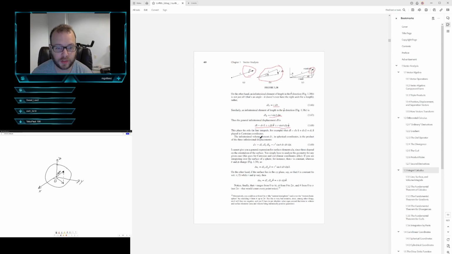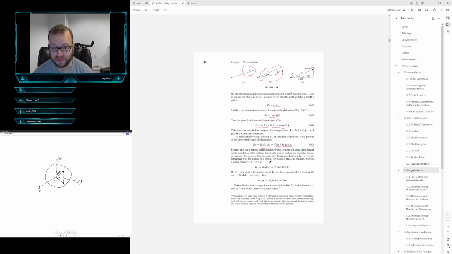Finally, we have the volume element, which is just the components of dl multiplied together: dr times r d theta times r sine theta d phi, giving r squared sine theta dr d theta d phi.